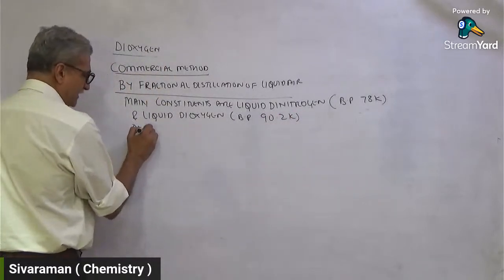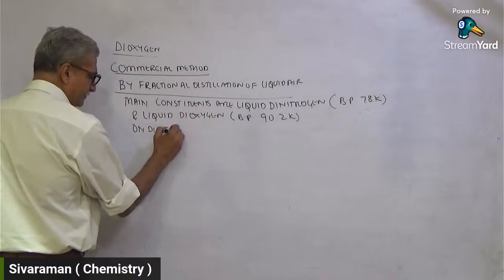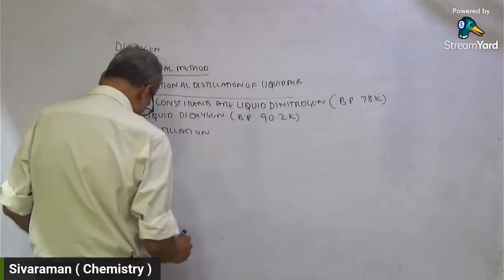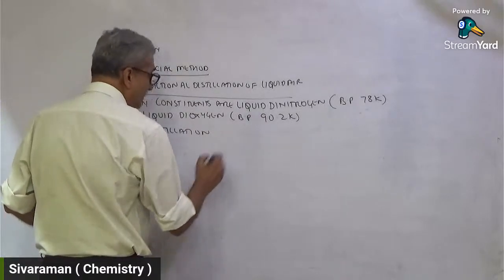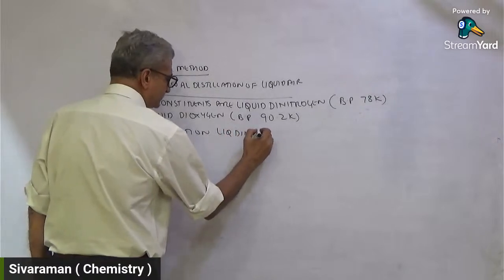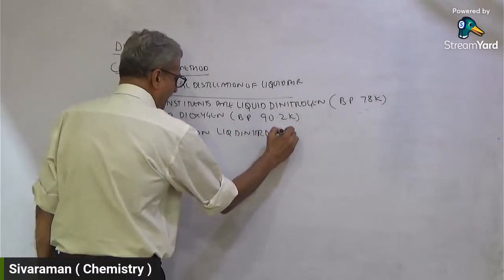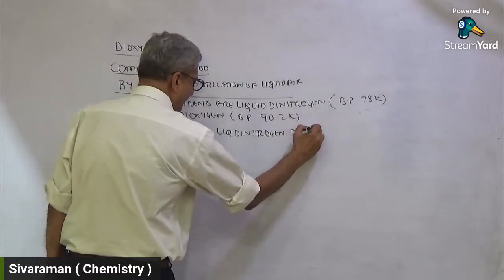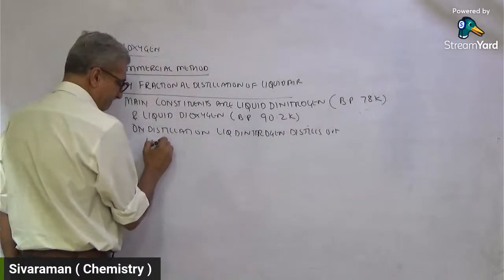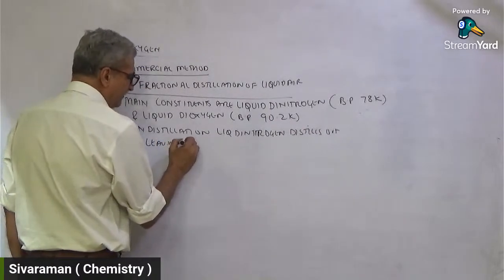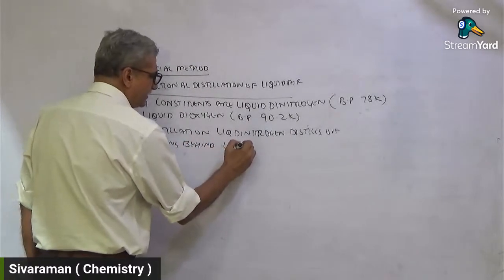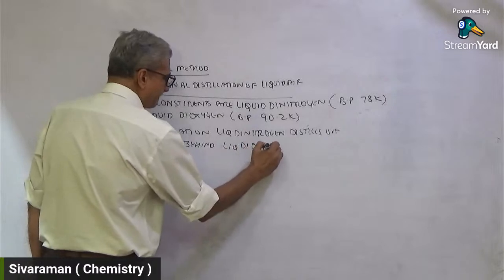On distillation, what is going to happen? Liquid dinitrogen distills out, leaving behind liquid dioxygen.